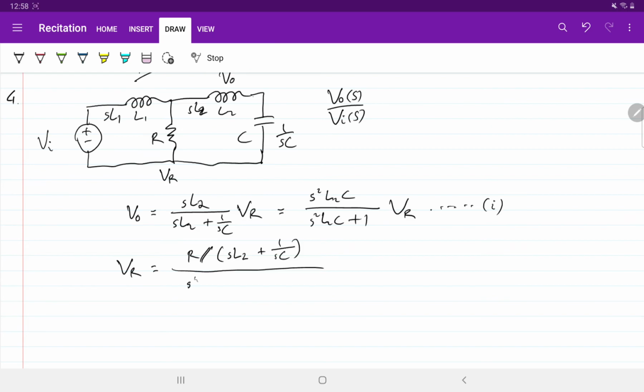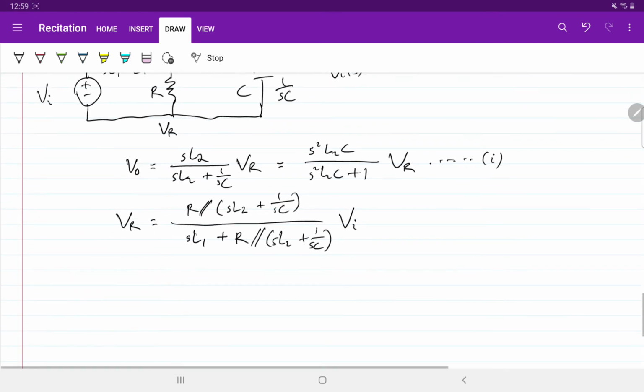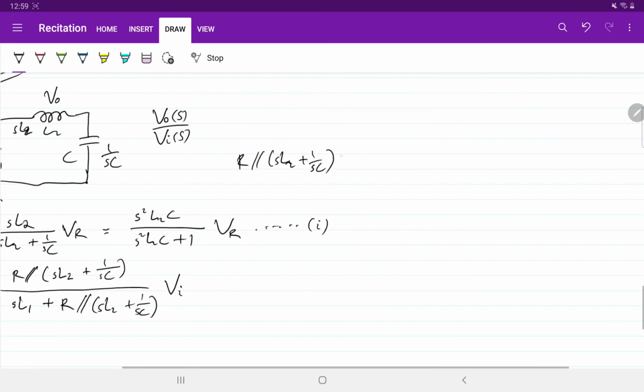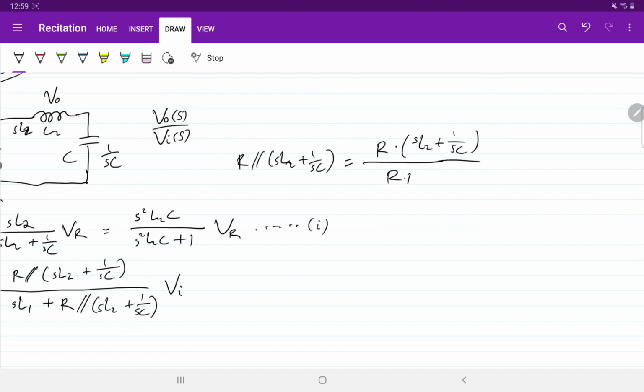And the total impedance is SL1 plus R parallel with SL2 plus 1 over SC, times Vi. But what is R parallel with SL2 plus 1 over SC? So this is equal to R times SL2 plus 1 over SC, and then R plus SL2 plus 1 over SC, right?